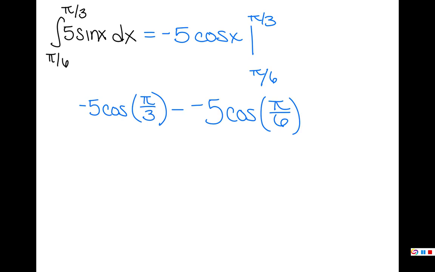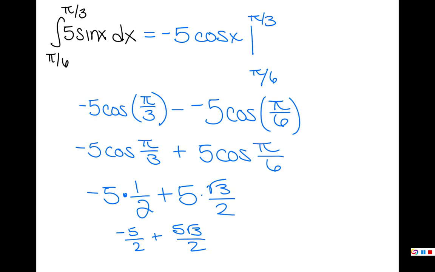Instead, we plug in the upper bound, pi over 3. We plug in the lower bound, pi over 6. And then we subtract those two values. All right, let's see. Negative 5 cosine pi over 3.